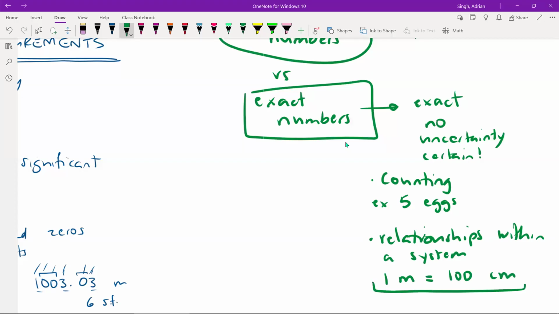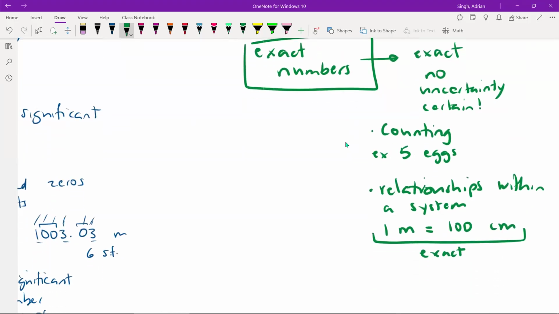And this is an exact relationship. There isn't 100.1 or 100.01 centimeters in a meter. No, there is exactly 100 centimeters in 1 meter. So again, that's an exact relationship. You can consider that as having an unlimited number of sig figs in terms of calculations and rounding. That doesn't affect sig figs in your calculations.